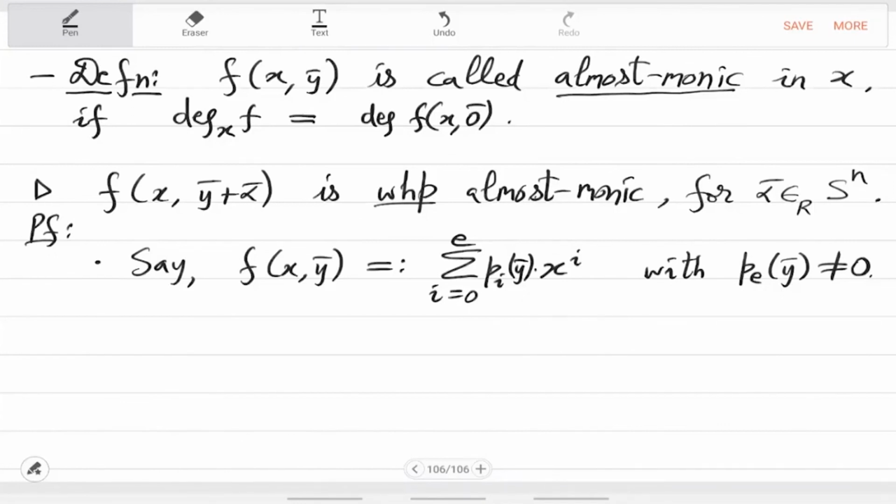When you randomly shift this and invoke the previous lemma, you will get what you wanted.